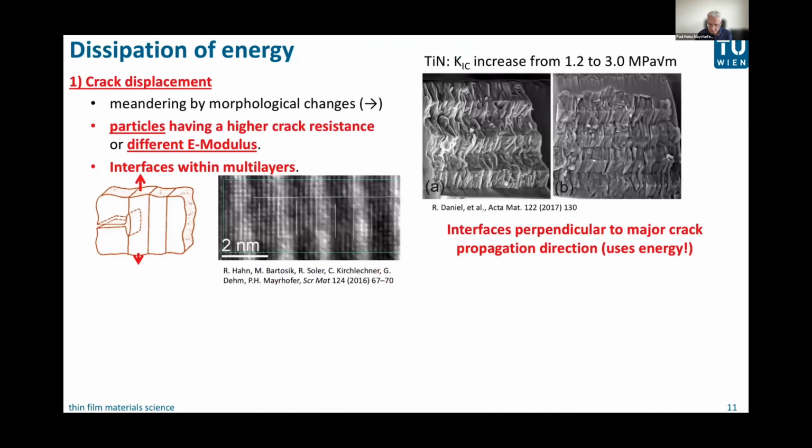This is a nice study by my colleagues in Leuven who used meandering effects and thereby also crack deflection, which consumes more surface, and thereby the fracture toughness increases to roughly 3 megapascal square root meter.